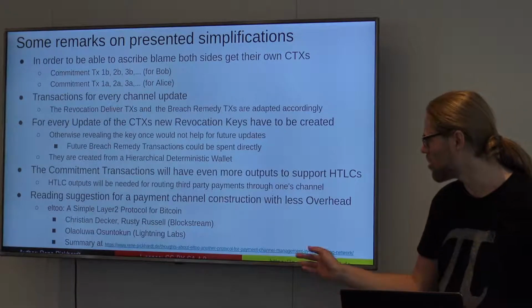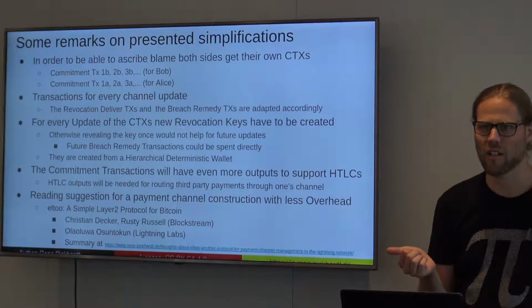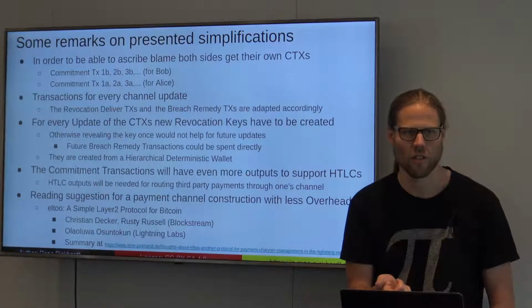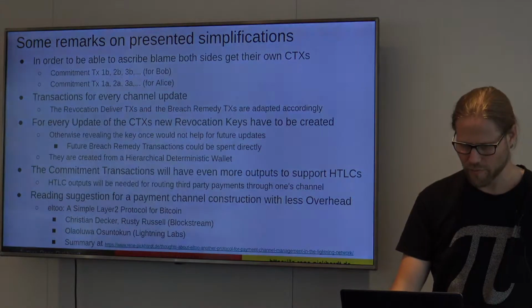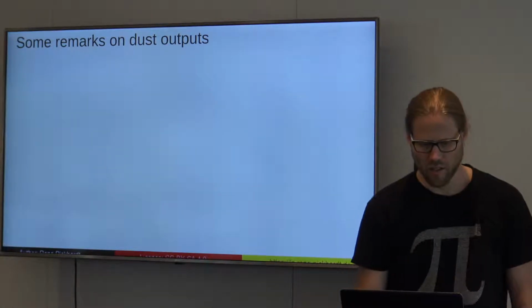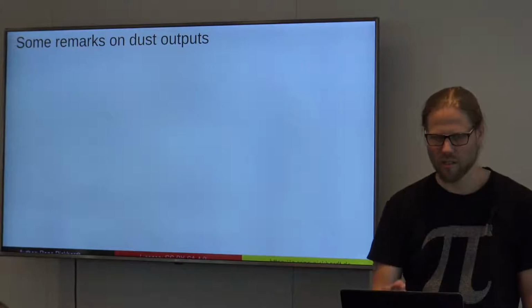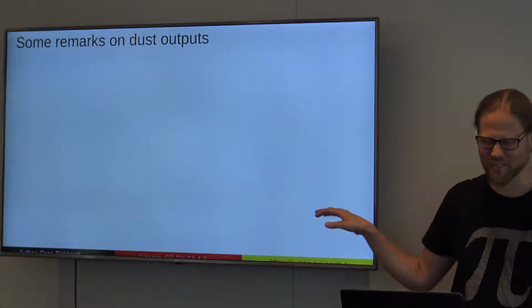And on my blog, I wrote a summary on this. There's actually another very good summary by Lisa Neigut. She also wrote a summary on her blog. But even the paper is pretty easy to read, I would say. Yeah, I don't talk more about L2 today.